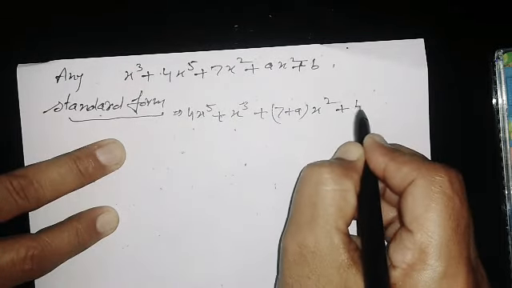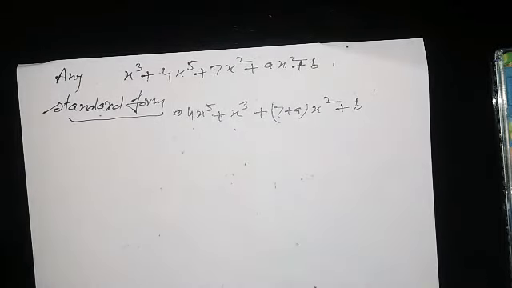And then constant. Means each term have powers in descending way, right?